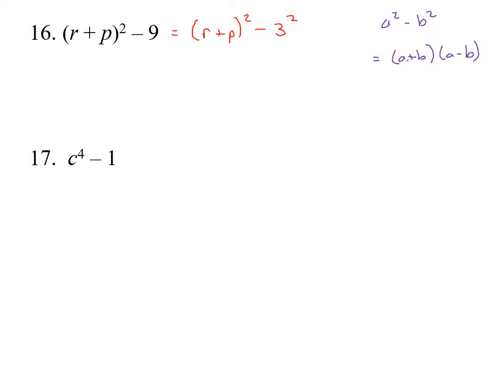In that case, this turns into drop the squares off, put one with a plus, one with a minus. So we'll have r plus p plus 3 and r plus p minus 3. Notice the r plus p doesn't change because that got squared, so we leave it the way it was. We just drop the squared off and put it in each parenthesis.